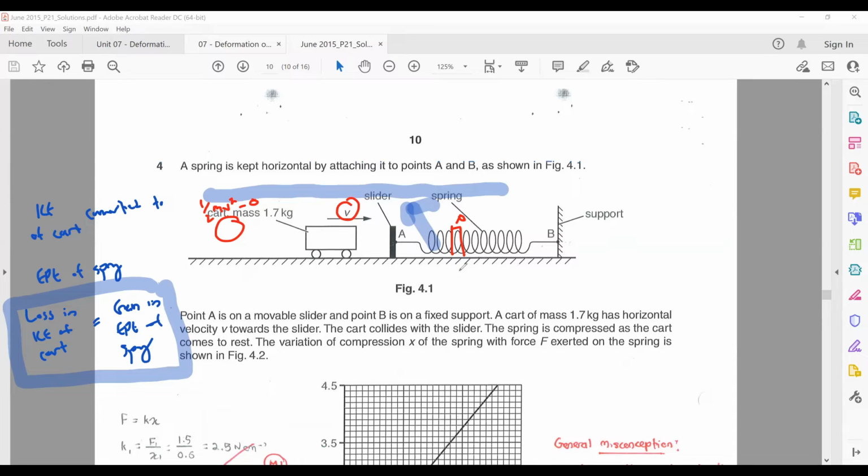So your cart will push your spring while it slows down. So it slows down to a stop. Eventually, it will reach a velocity equal to 0. So this part here is where your KE is half mv square. This part here is where your KE is 0. That's why my change in KE is equal to half mv square minus 0.